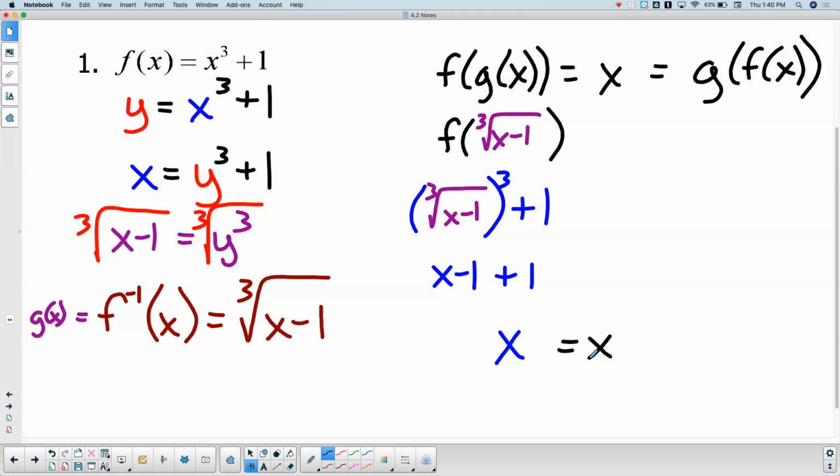Yes? Okay, then I've got to go the other way. So I've got to say that g of f of x, x cubed plus 1.